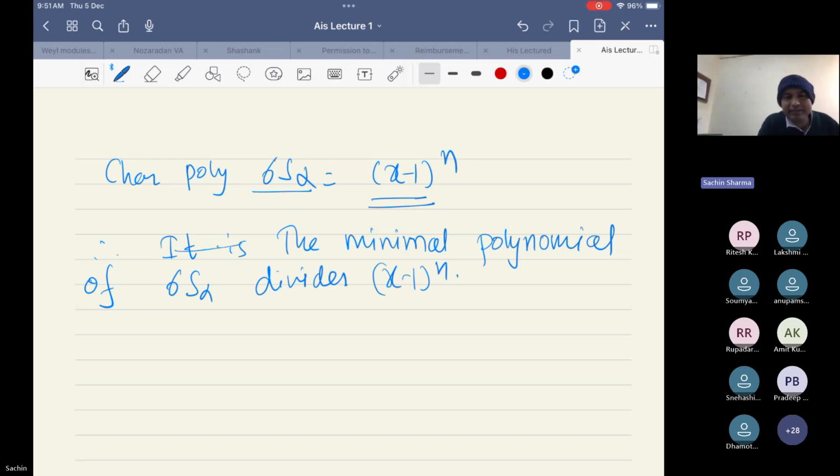Can one guess that? What is the property of sigma S alpha? What is its order, by the way? Sigma S alpha's order? Is it a finite order?